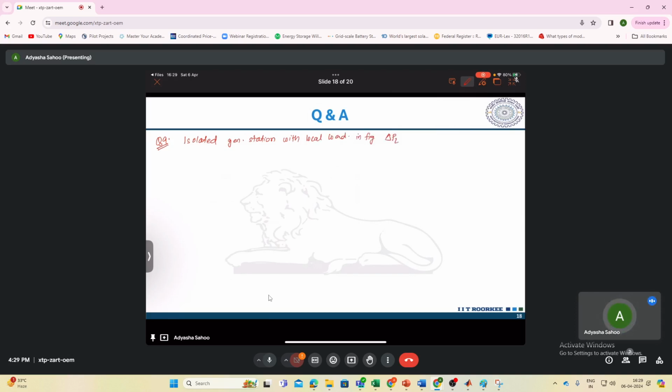Delta PL is minus 0.15 per unit, brings delta omega as 0.25 per unit in steady state. Find R in per unit. Take delta PC equals 0. So this is the block diagram given.